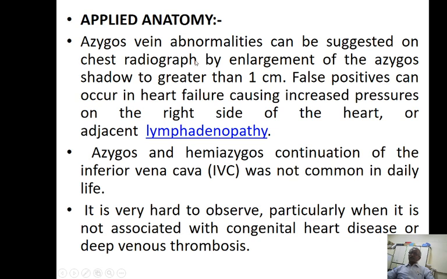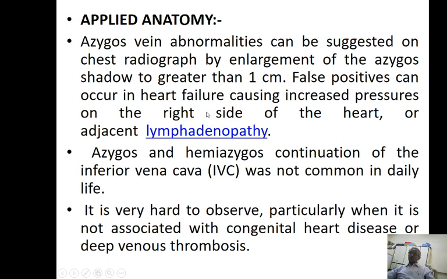Azygos vein abnormalities can be suggested on chest radiograph by enlargement of the azygos shadow to greater than 1 cm. So if the azygos vein shadow is enlarged more than 1 cm, we suspect some abnormality.